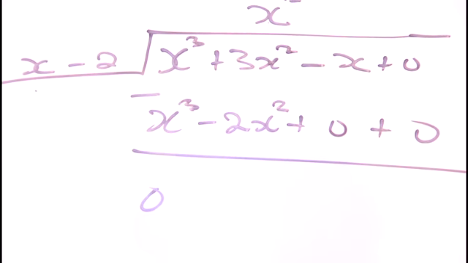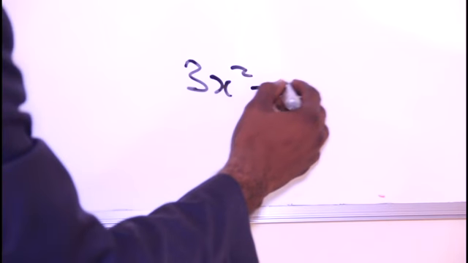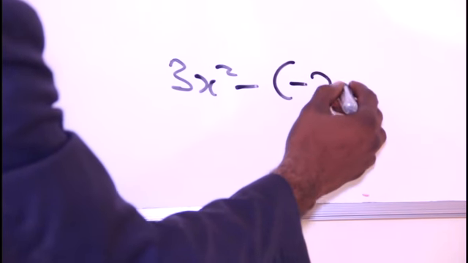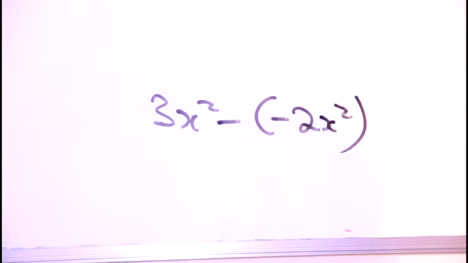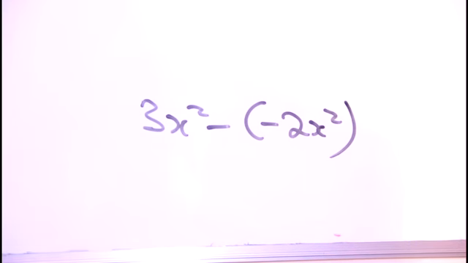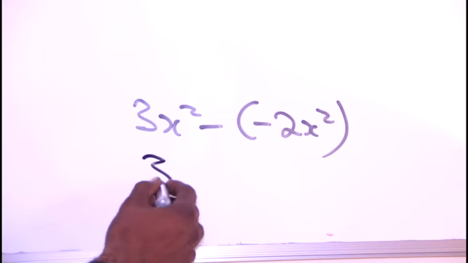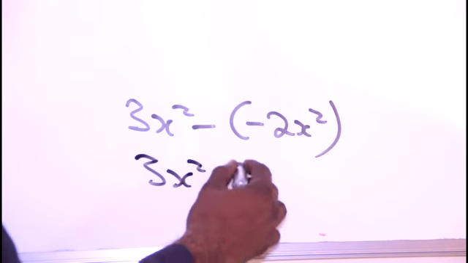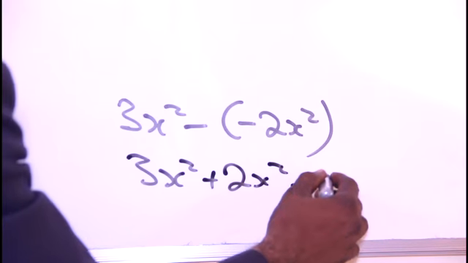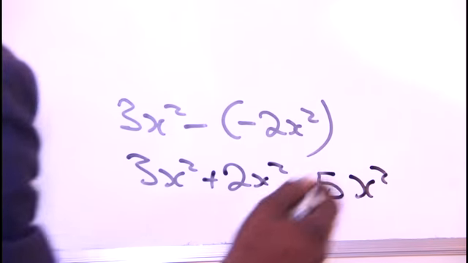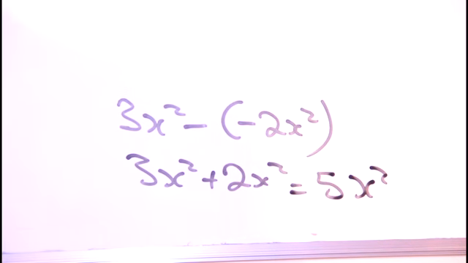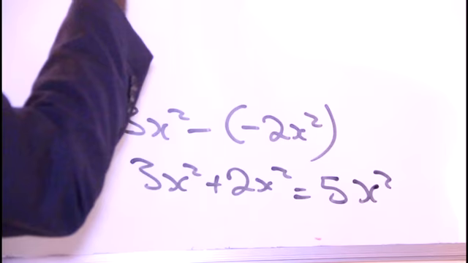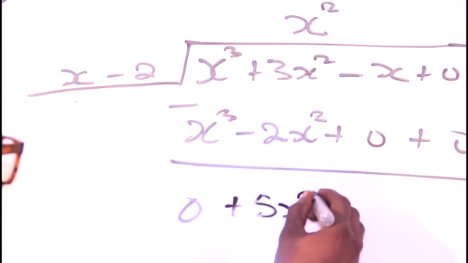You write it like this: 3x squared minus minus 2x squared. So minus times minus will be plus. That will give you 3x squared plus 2x squared, which will be 5x squared. You can do that in your rough column. So you come up here, this will now be plus 5x squared.